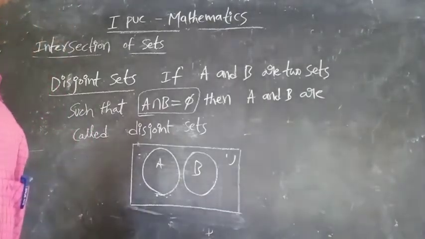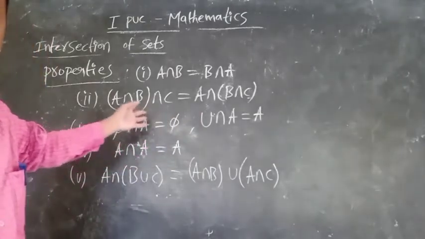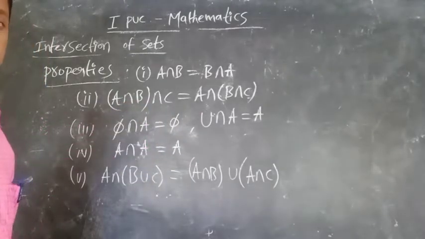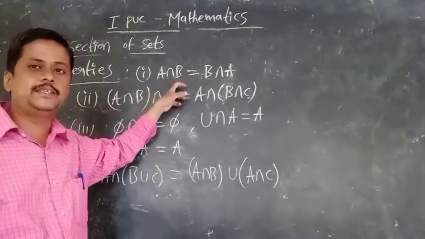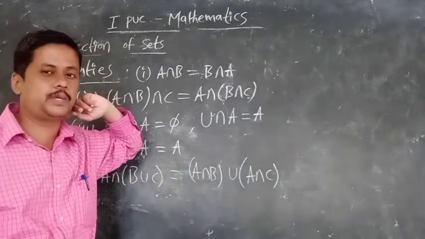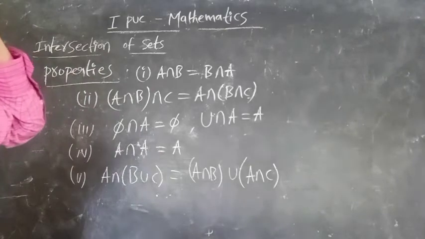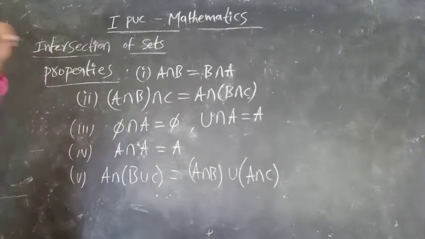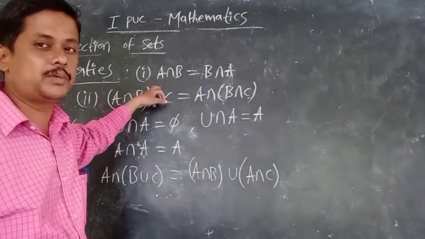See my dear students, these are the properties of intersection of sets. This is property number 1: A intersection B is equal to B intersection A. Which property is this? It is the commutative property, like commutative for union. For two sets, it is commutative.